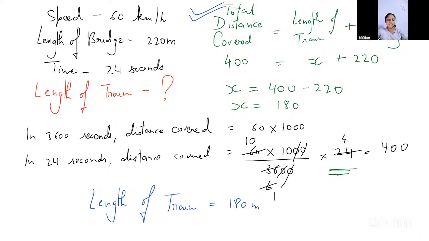Yes, Abraham. Ma'am, how do we calculate the speed of a train? I'll take this as a doubt tomorrow. If it is just the basic speed of the train, then you can use the speed formula.